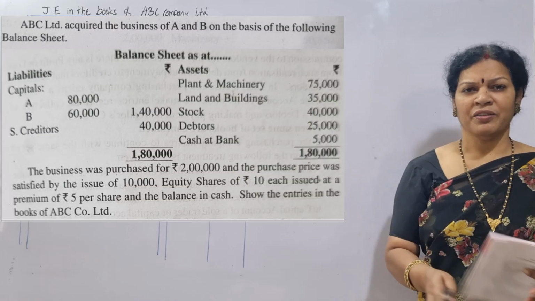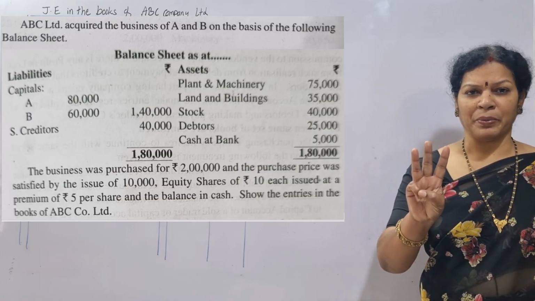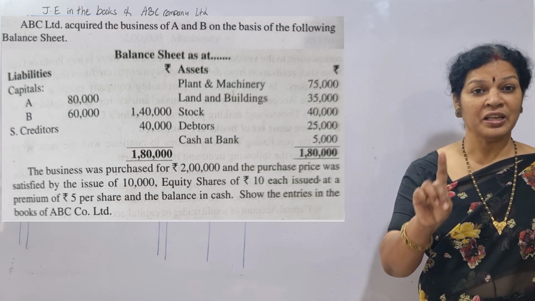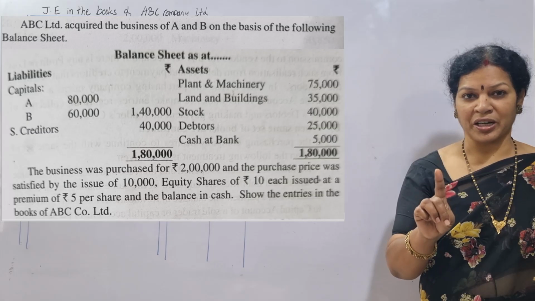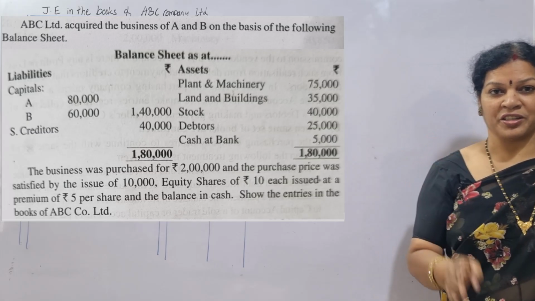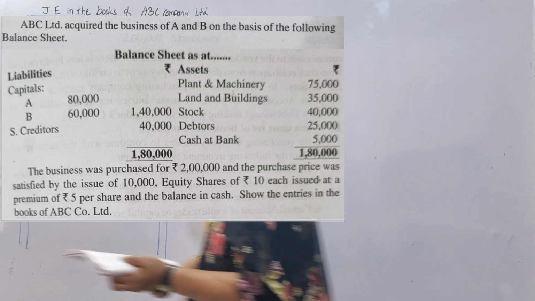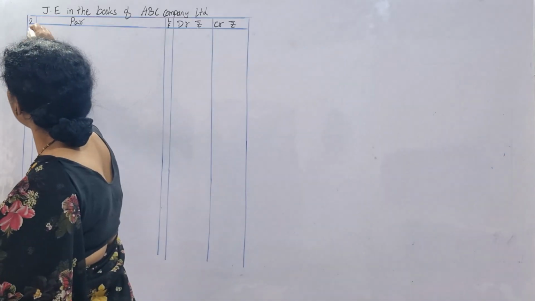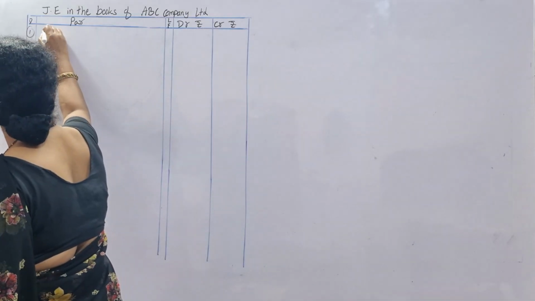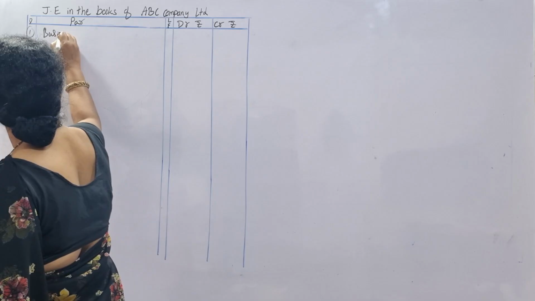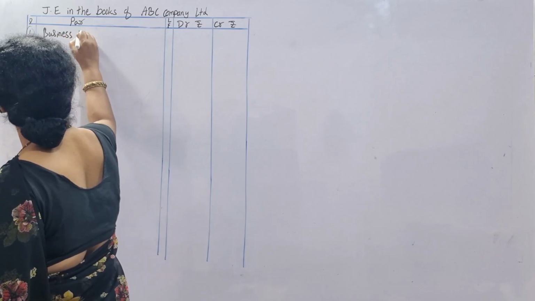First of all, we know that three entries we have to pass. The first entry is for purchasing the business. What is the entry? Business purchase account debit to vendors account is the first entry. Date is not given, so I'll write only one. Business purchase account debit to vendors account. You have to learn this by heart along with me.